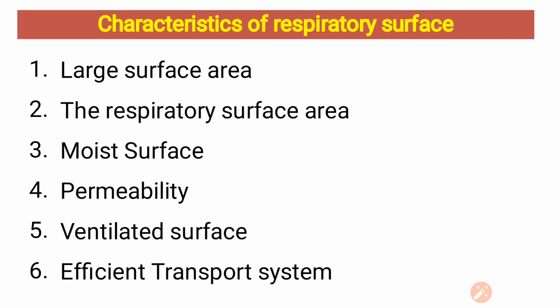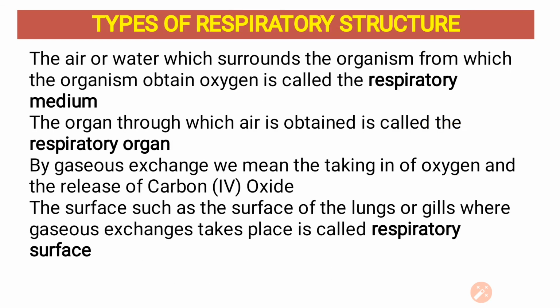And finally, if the transport system is efficient enough, then there will be active movement of these gases in and out of the cell, thereby creating good functionality of the process and sustaining the life of the organisms. Look at amoeba.